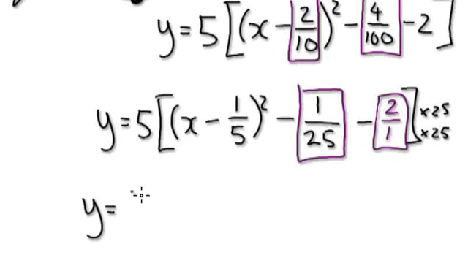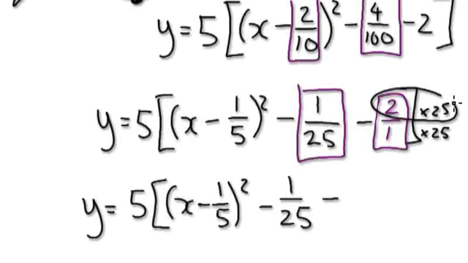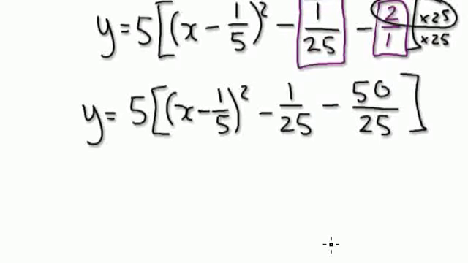So we will have this 5 bracket x minus 1 over 5 squared minus 1 over 25, and then minus, now 2 times 25, that will be 50 over 25. So now the two denominators are the same, we can merge.